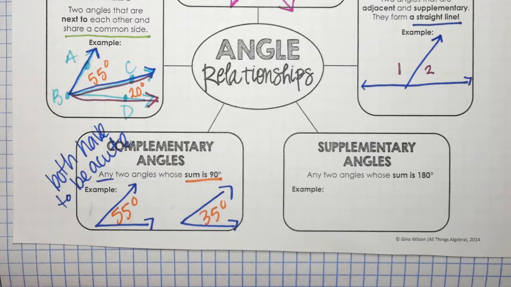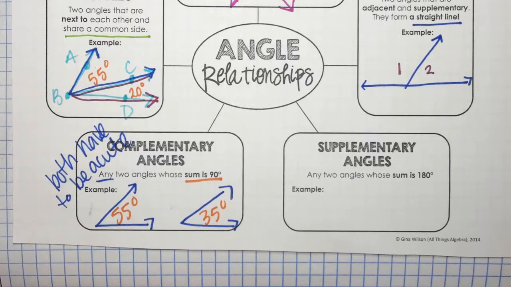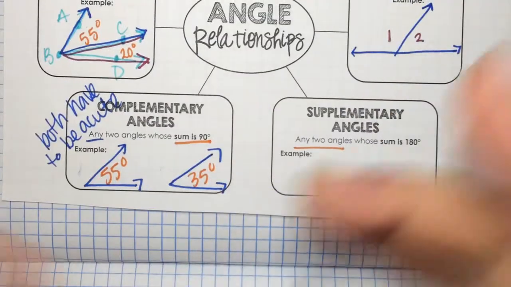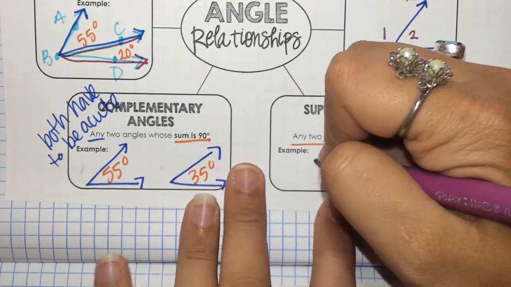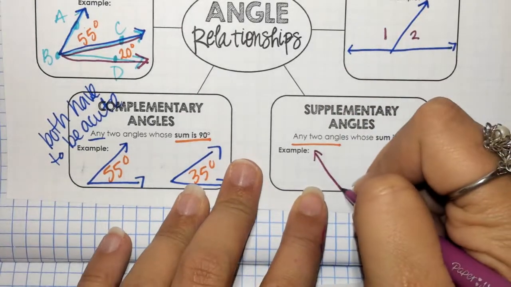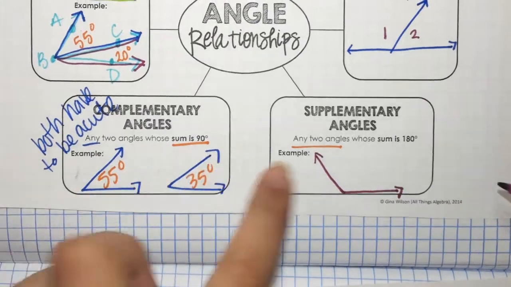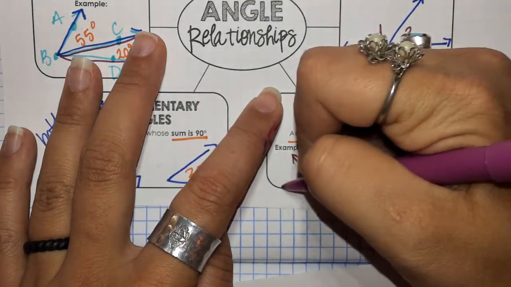So if complementary angles are 90 degrees, what would supplementary angles be? 180. And do they have to be adjacent? No, because it says any two angles. So it could be a linear pair, like this one, or it could just be any two angles that make 180 degrees. So if I drew an angle like this, and then I drew another, if this one's obtuse, what does the other one have to be?